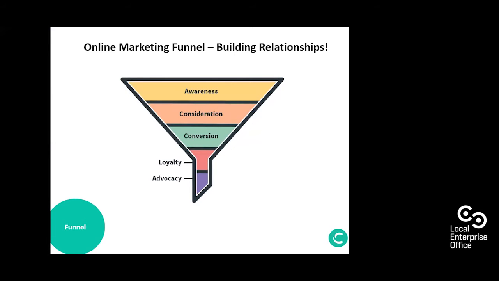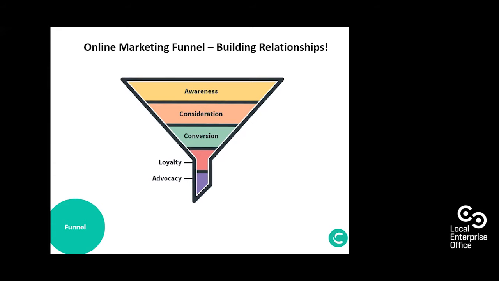So what this means here is that awareness, in terms of the stage here, is for someone who has the potential to become your customer, but hasn't heard about your business yet. So in terms of the task or the tactic for that type of people, obviously you have to make them aware of your business. You have to introduce them to your brand. You have to introduce them to your products, services, etc. Consideration then is about getting those people to consider becoming your customer.